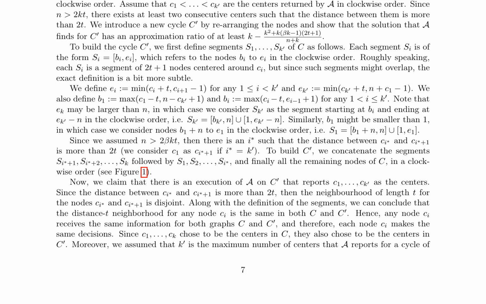The authors show that the solution A finds for C' has the same centers as those found for C, namely c1, ..., ck', because the T-distance neighborhood for any node c_i is the same in both C and C', and therefore, each node c_i makes the same decisions. The construction of C' is illustrated in Figure 1, demonstrating how the segments S_i are concatenated to form C'. The proof relies on the assumption that n is greater than 2βkT and the existence of at least 2 consecutive centers with a distance greater than 2T.